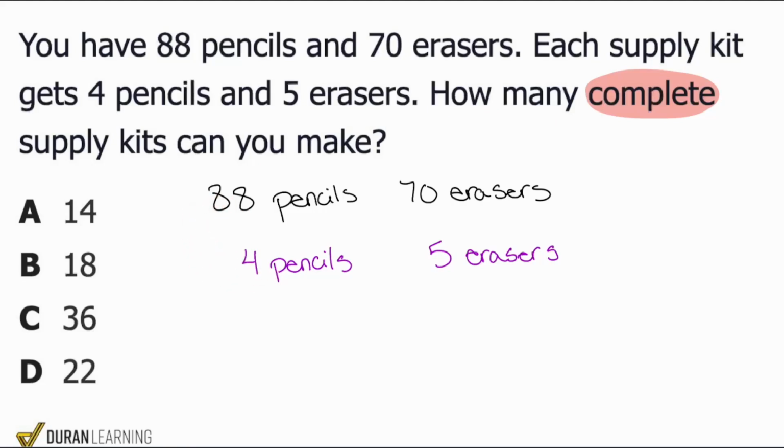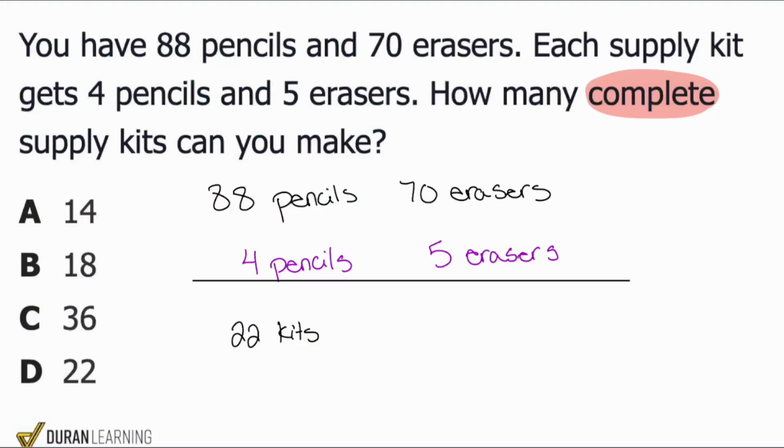Everybody, off the top of your head, 88 divided by 4 gives us what? Yeah, that's going to give us 22. 100% correct. So let me draw this little vertical line, and I'll say this is 22 kits based on the pencils.